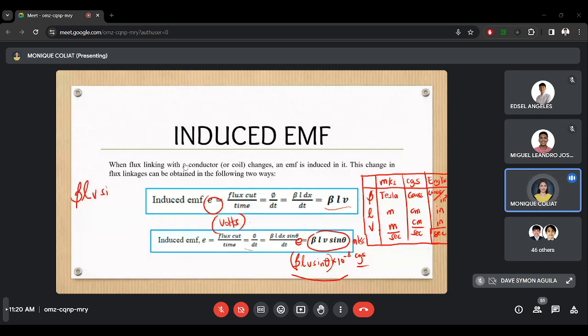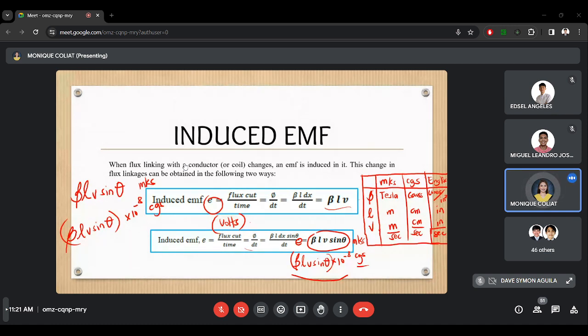You will use BLV sine theta if you are based in MKS, and you will use BLV sine theta times 10 raised to negative 8 if you are in CGS. But whether it's MKS or CGS, it's always volts.